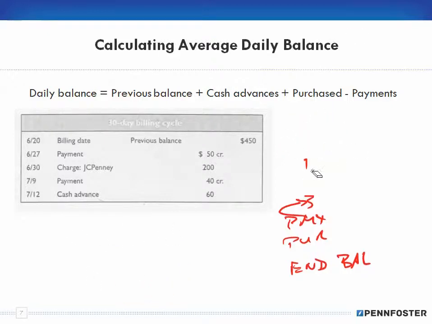So what does it all include? Like I said, it's tedious calculations. As you can see, the daily balance is equal to the previous balance plus cash advances plus purchases less payments.